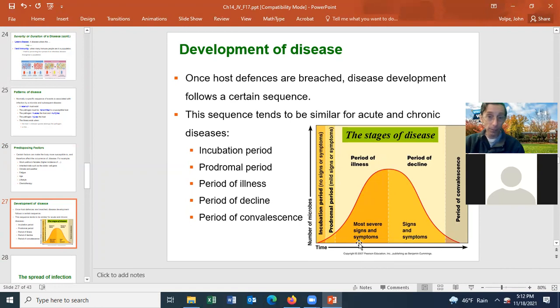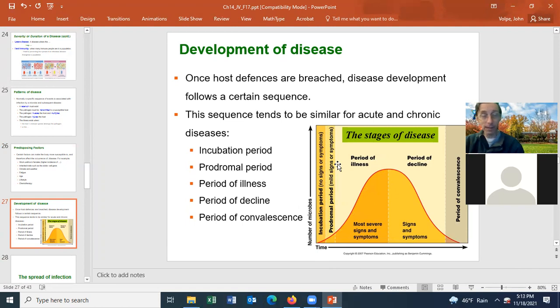The prodromal period is when you have mild signs and symptoms. An example would be when you're first coming down with a cold and you say, geez, do I have a sore throat? And you have to think about it before you say, yeah, I've got a little bit of a sore throat. That's the prodromal period. The period of illness is when the signs and symptoms are at their most intense. It's no longer mild.